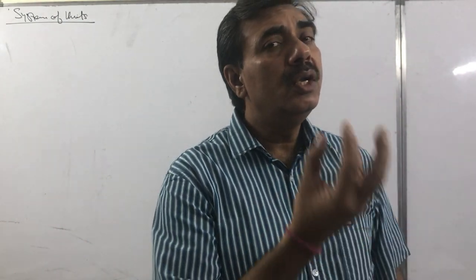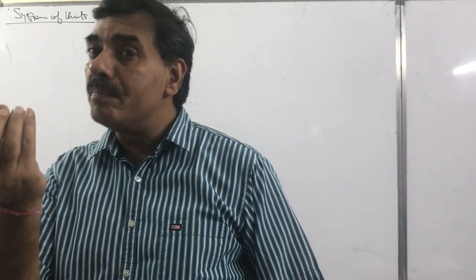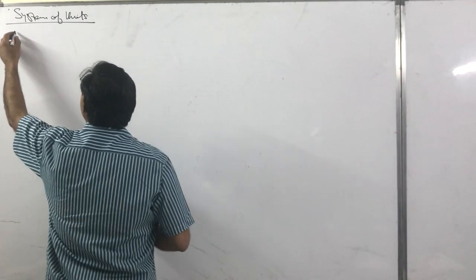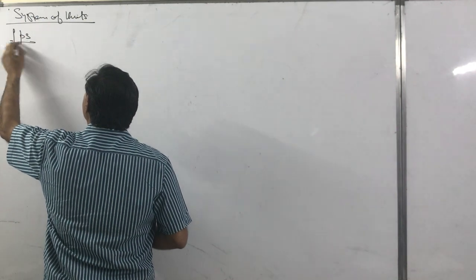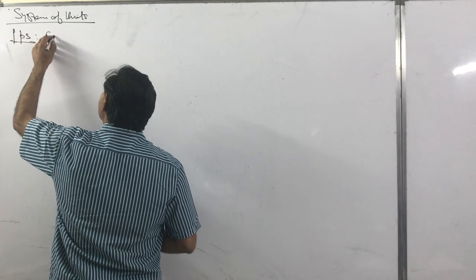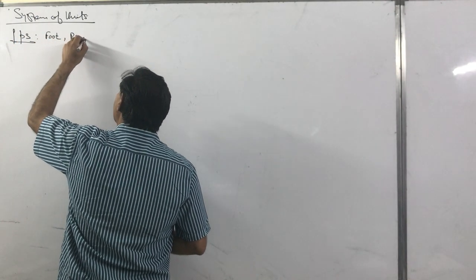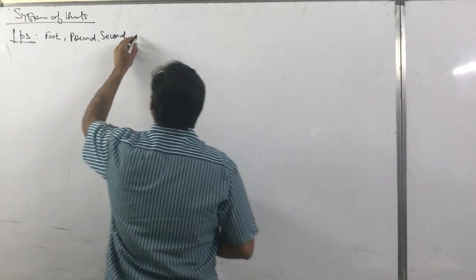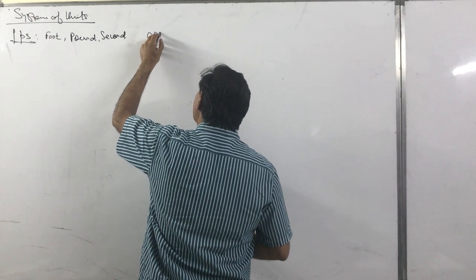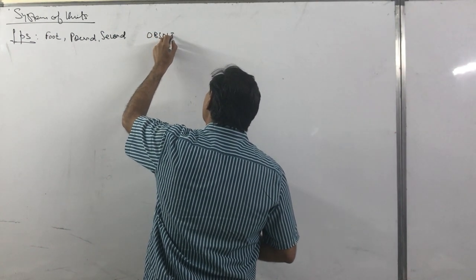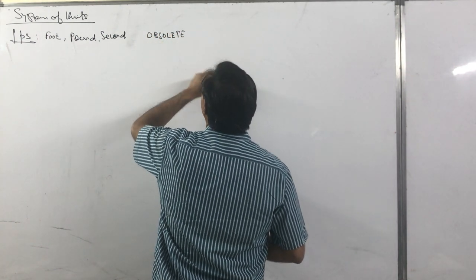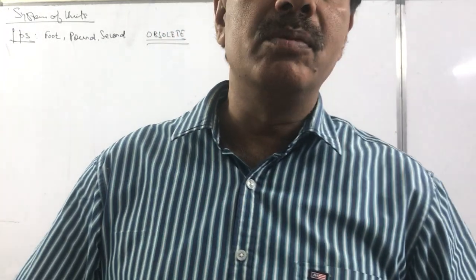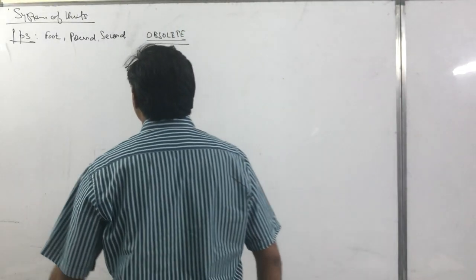To date, the mass of a newborn baby is in pounds. System of units, FPS, the foot-pound-second system. This has become obsolete. Obsolete means we rarely use it. We do not use it any further. You will not get any numerical problems regarding the foot-pound-second system.